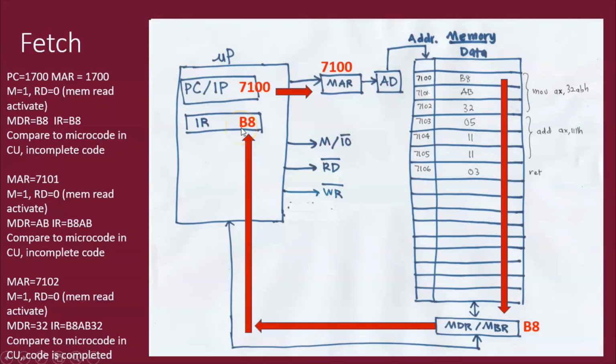Before that, this is from the CU, also IR, CU also. Because micro-P should know it needs to access the memory. So this signal must be activated. So memory must be equal to 1, read must be equal to 0.